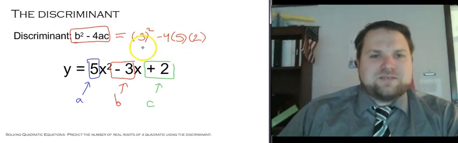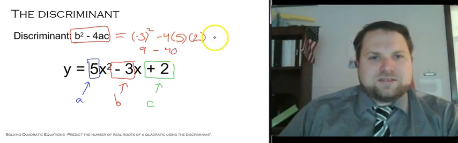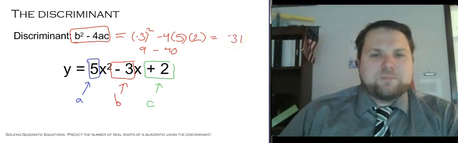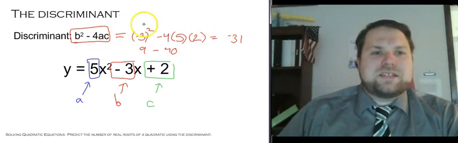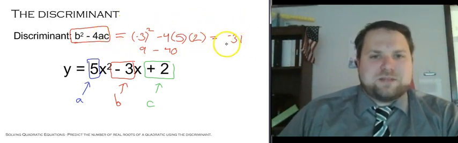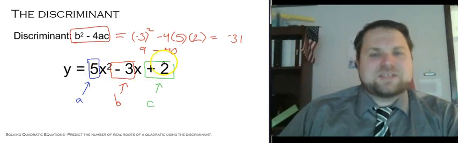So negative 3 squared is 9. This would be minus 40. And so now I take 9 minus 40, and I would find that this number is negative 31. And so you can see the discriminant ends up being just some number, and it's just calculated from these three.